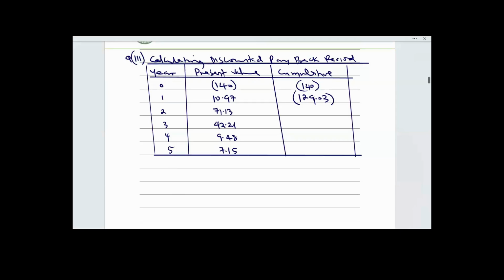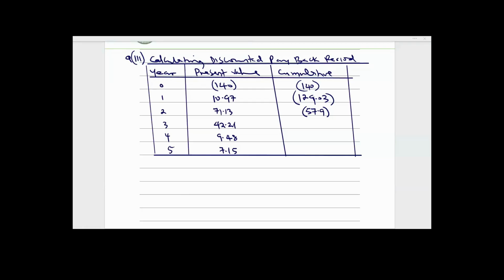So whatever I have in my calculator minus 71.13 equals 57.9. So we have a balance of 57.9 to recover, minus the next cash inflow of 42.21.